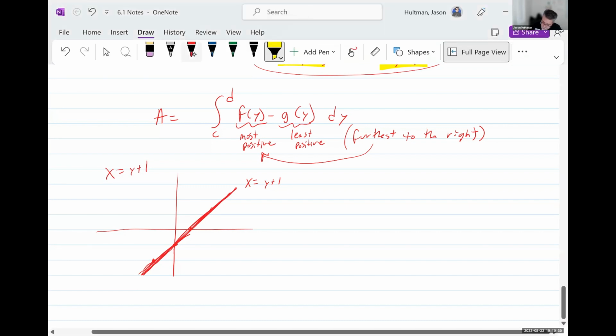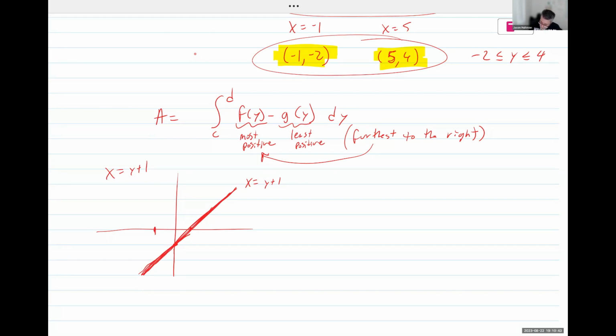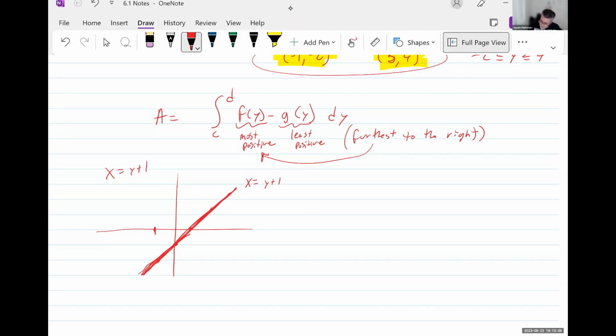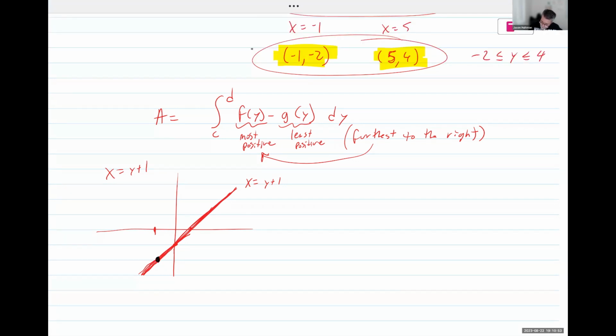Okay, so at -1, -2, I'm down here. I'm going to enlarge that point. -1, -2.